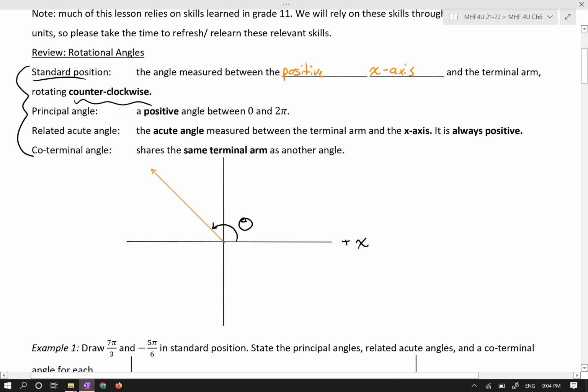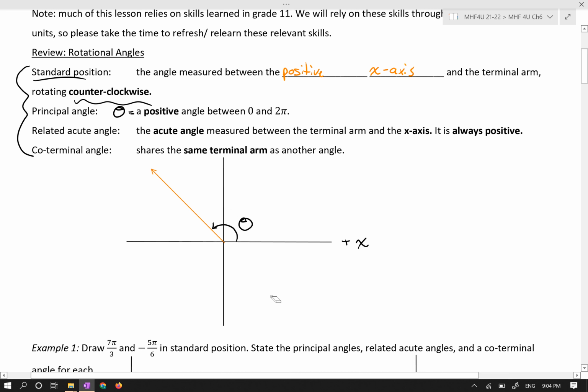Our angle theta is the principal angle, and that is a positive angle in between 0 and 2 pi. Remember, 2 pi is a full way around a circle. So our angle theta, as we have it currently sketched, is the principal angle.